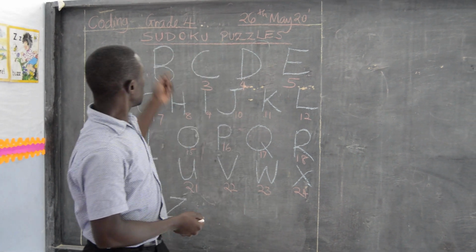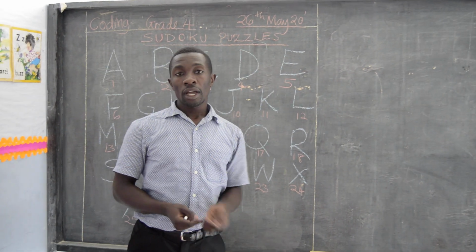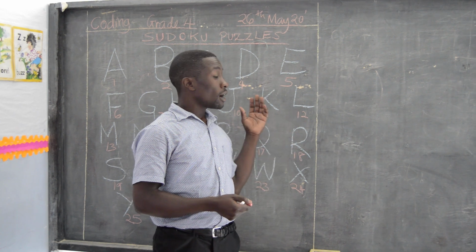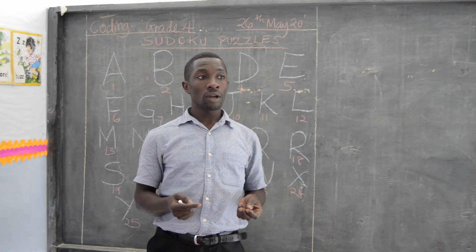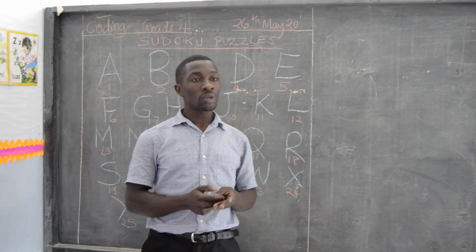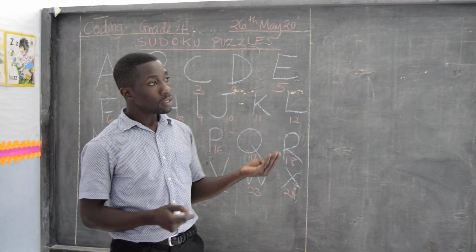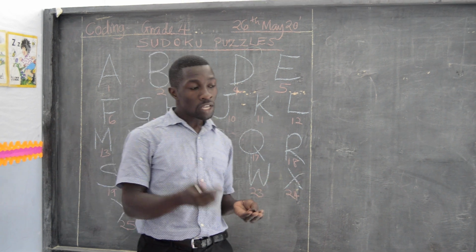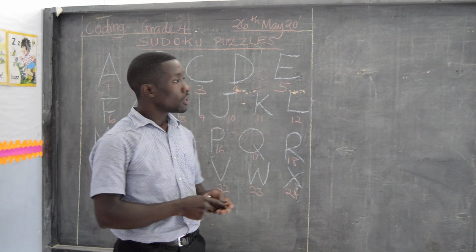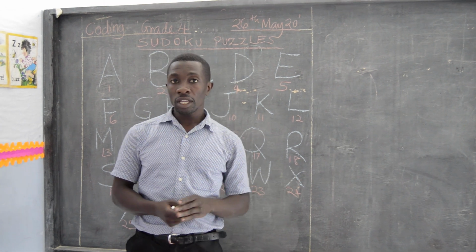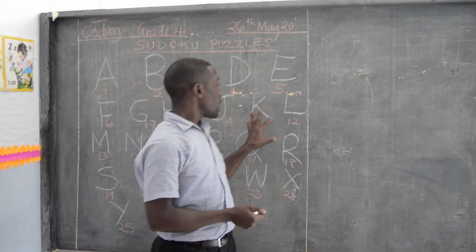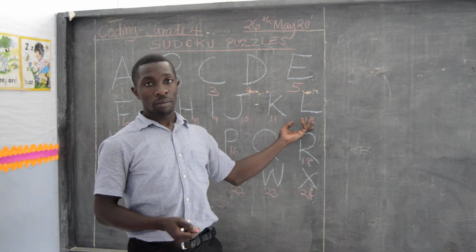So today I want us to look at the Sudoku puzzle, and I once said a Sudoku is just a number placement puzzle. And in the previous lesson we looked at a word puzzle. I gave you some ways of tackling a word puzzle. We looked at how we are going to code using letters, and today we want to code using numerals or numbers.